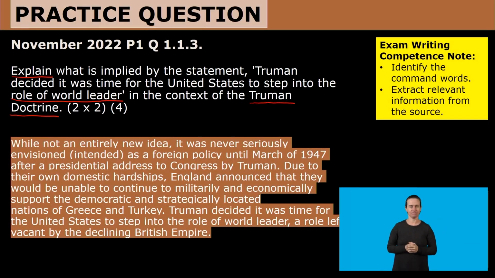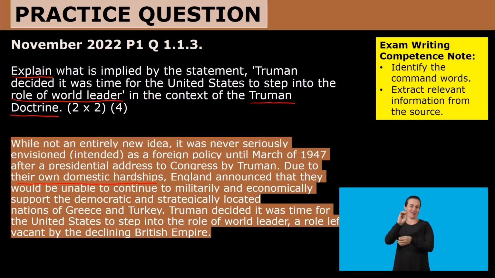So this is what is contained in the source. While not an entirely new idea, it was never seriously envisioned or intended as a foreign policy until March of 1947, after a presidential address to Congress by Truman. Due to their own domestic hardships, okay, now I'm going to underline that, it's very important because it explains why the Truman Doctrine came about.